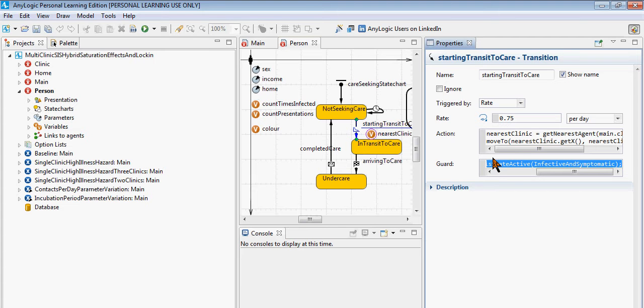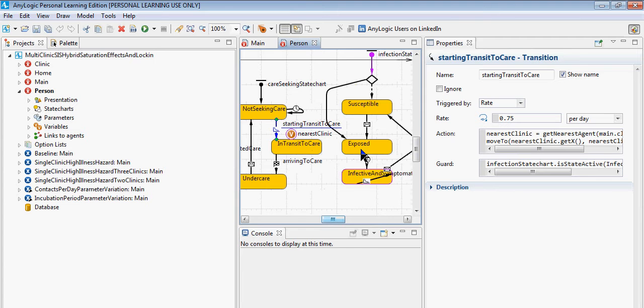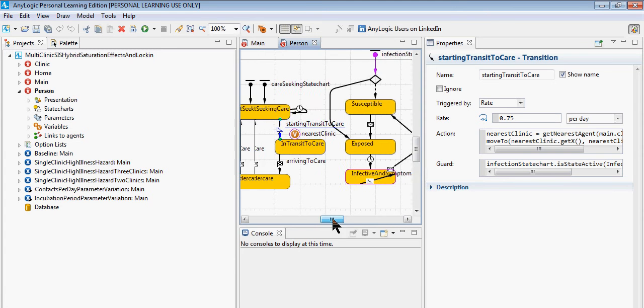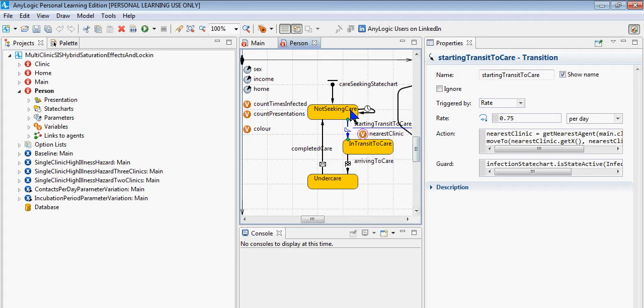Just as in yesterday's model, if we go to person here, each person is associated with a home. They're also associated with a sex and an income. Notice that they exhibit a natural history of infection with respect to some infection, and they exhibit a care-seeking process. Do you see that?